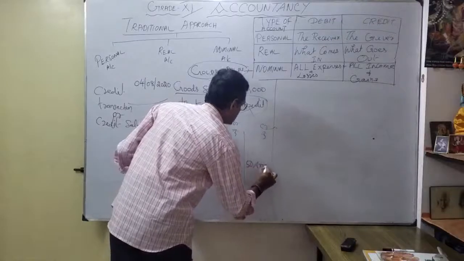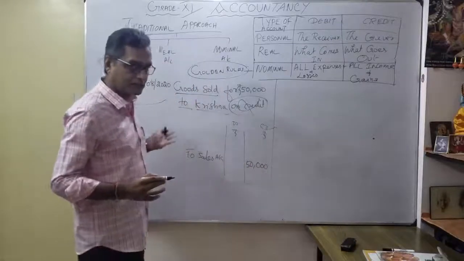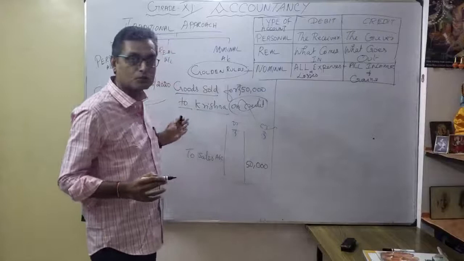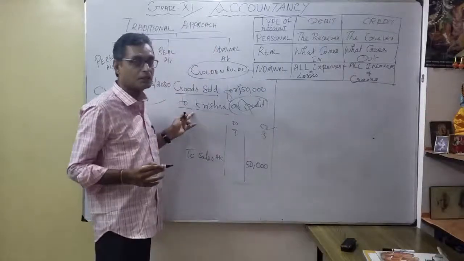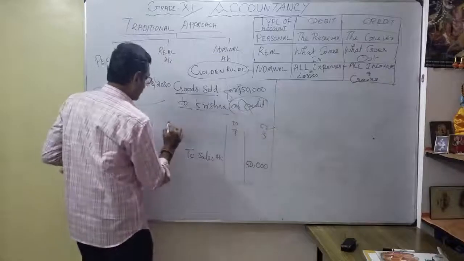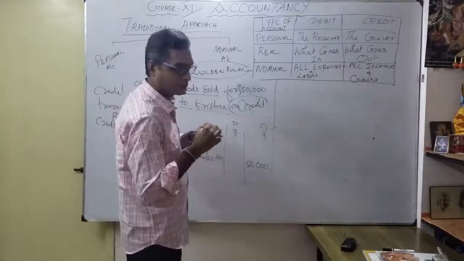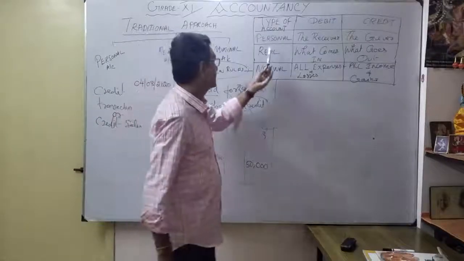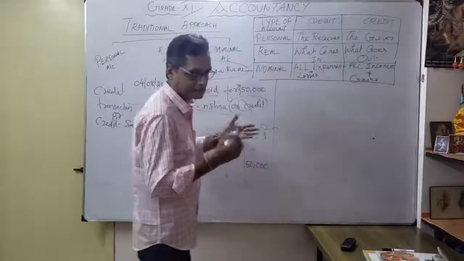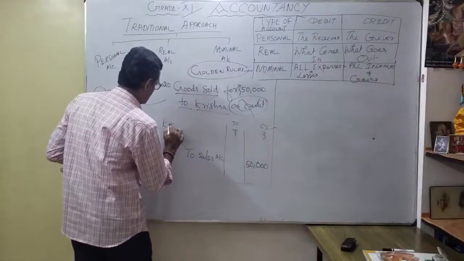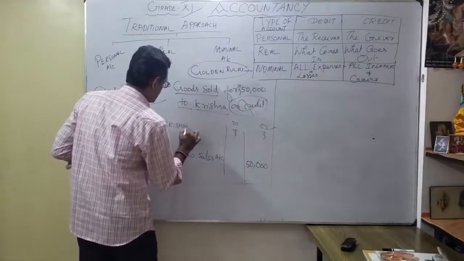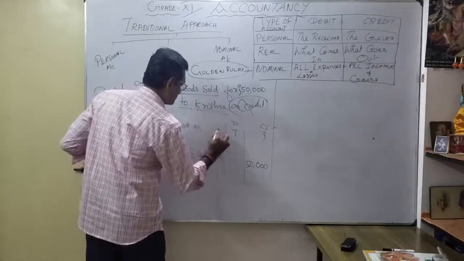To whom? Here we did not sell goods on cash, we sold goods to Krishna on credit basis. That's why the name comes under personal account. What is the rule of the personal account? Debit the receiver. Krishna is the receiver, so I put Krishna account here.